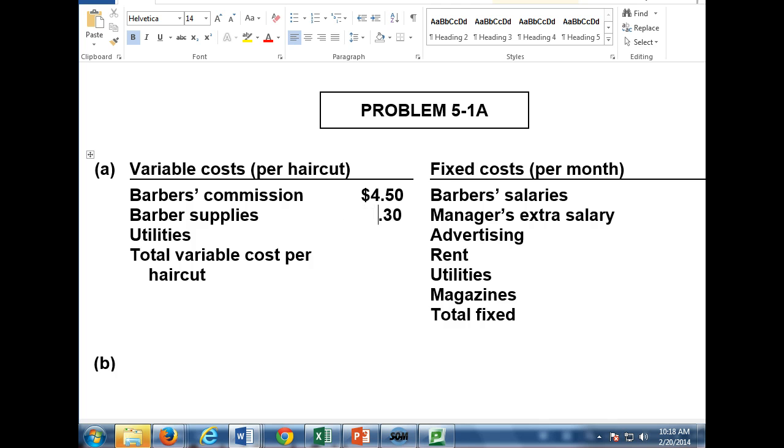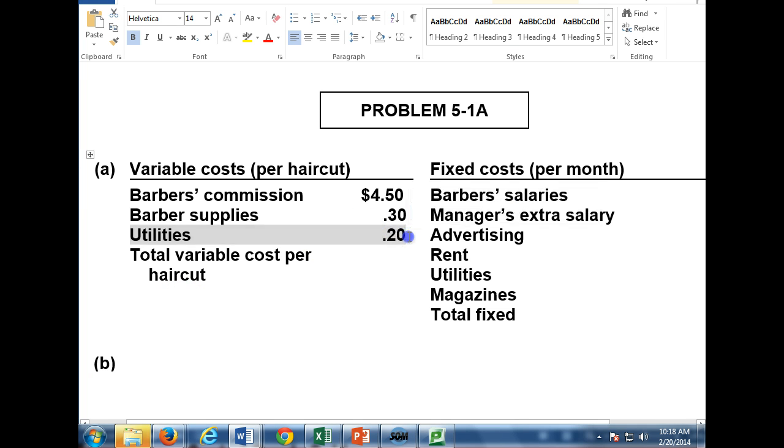Then utilities of 20 cents. It's just per haircut. It's 175 plus the 20 per haircut.